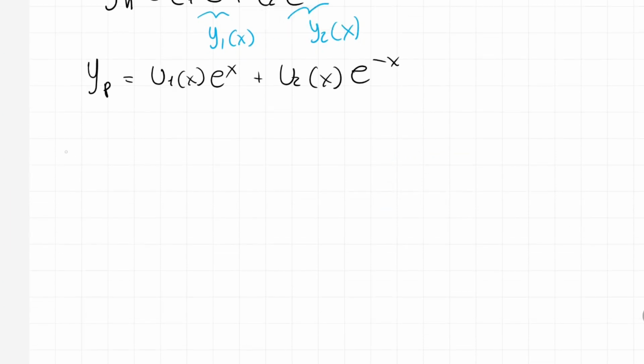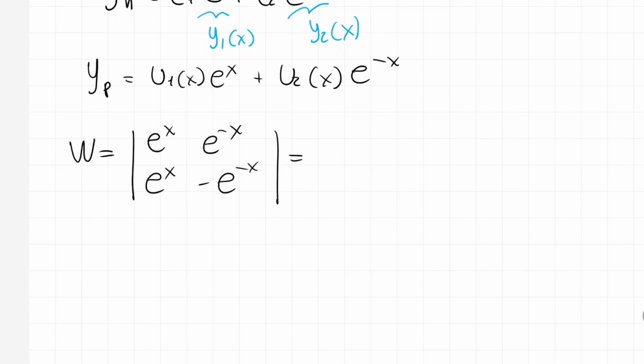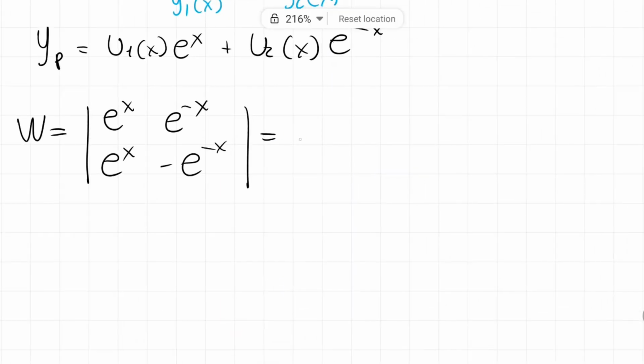So first of all, we need to calculate the Wronskian, and that is the determinant of e to the x, e to the negative x, and here we are going to write the derivative of e to the x, which is the same, and here we have negative e to the negative x. If we do this, we are going to get negative 1, because e to the x times e to the negative x gives you 1, and the negative, the same, negative 1. And this is going to be negative 2.